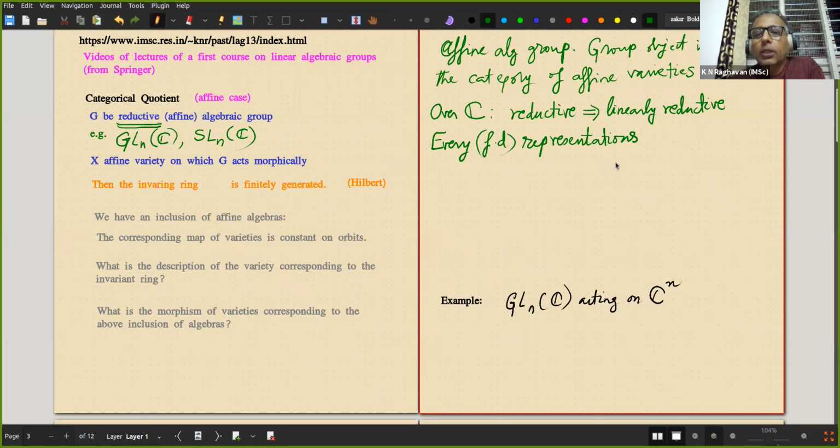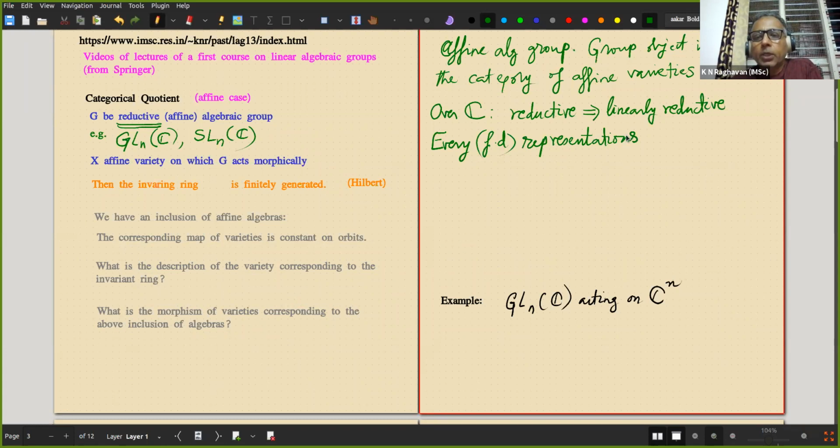Now this must be a morphism of affine varieties as well. That is what it means to say that the representation is rational. Sometimes in some books they say even regular. I don't know if regular is such a nice word to use because the word regular representation has some other meaning in other contexts. But anyway, what it means is that the map from G to GL(V) is a morphism of varieties in addition to being a group homomorphism.